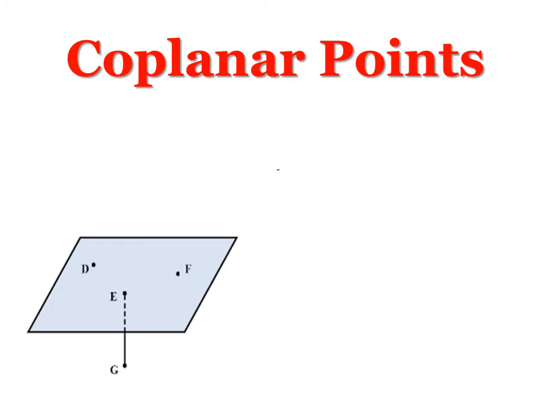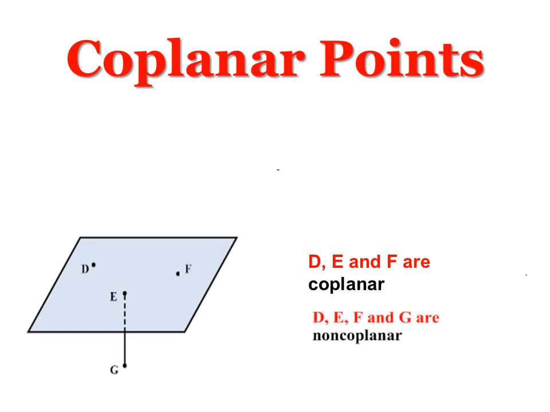If you say D, E, F are coplanar, then you are correct. D, E, and F are coplanar. Why are they coplanar? So let's answer afterward. How about D, E, F, and G? Are they coplanar? No, they are non-coplanar. Now, basing from the given example, how do you define coplanar points?